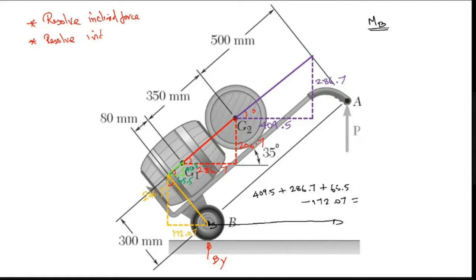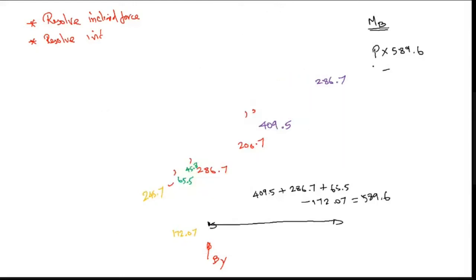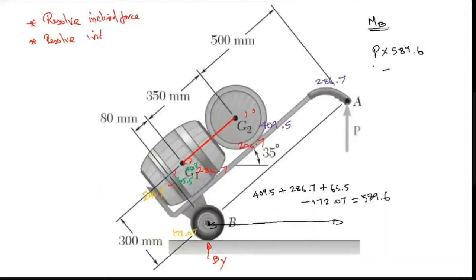This force is rotating anticlockwise, so P into that distance, 589.6. This is anticlockwise, so the others are clockwise, minus 392.4.